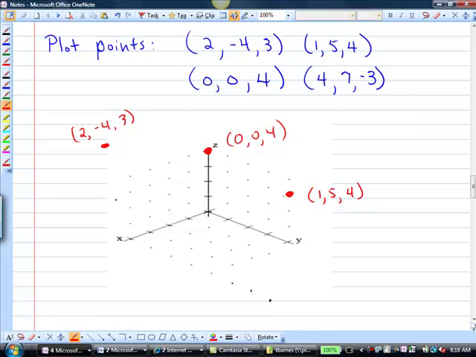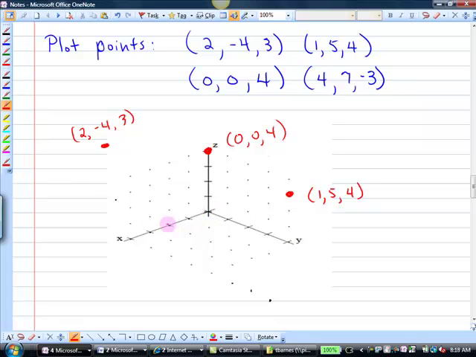Okay, what other point? I have 2, negative 4, 3. So let's try that. So that's 2 on the x. Now, negative 4 on the y. Where's negative 4? That means we've got to go this direction, backwards, because here's positive.